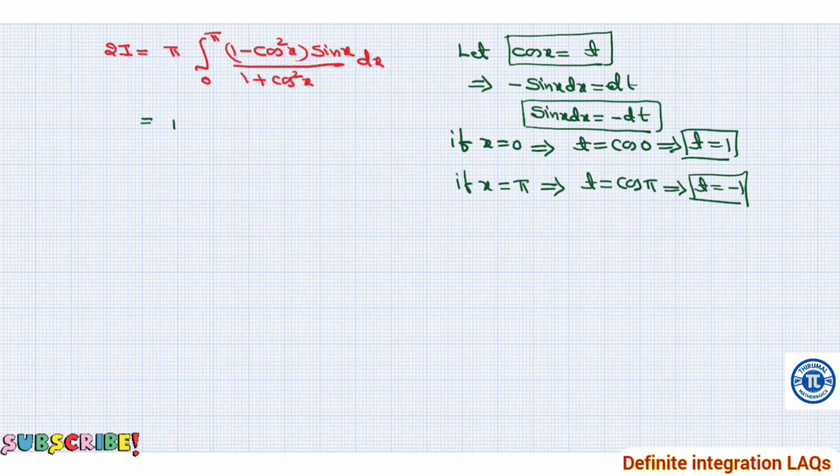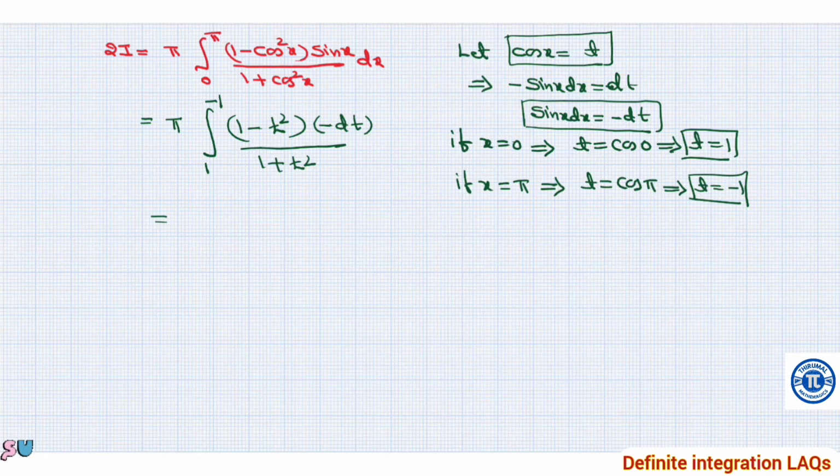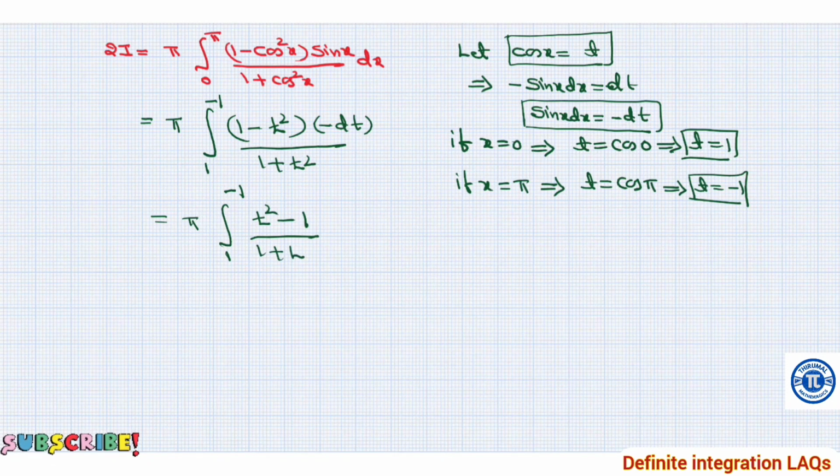So it equals pi times the integral, with limits replaced from 1 to minus 1, of (1 minus t²) into minus dt, by 1 plus t². That equals pi times the integral from 1 to minus 1; multiplying with the minus, we get t² minus 1 by 1 plus t² dt.